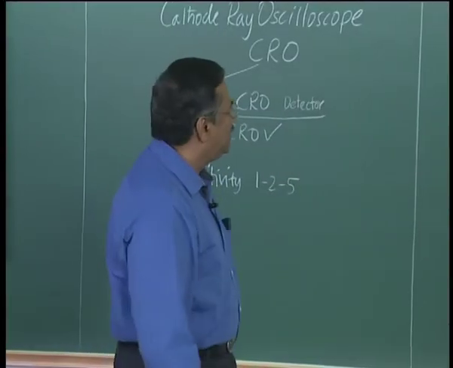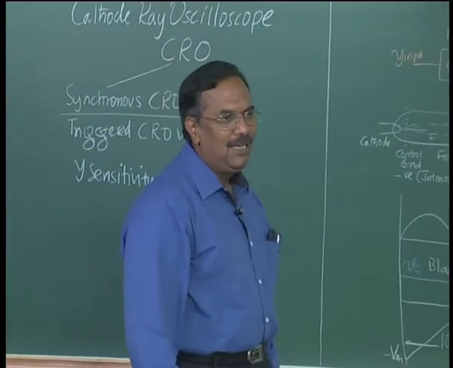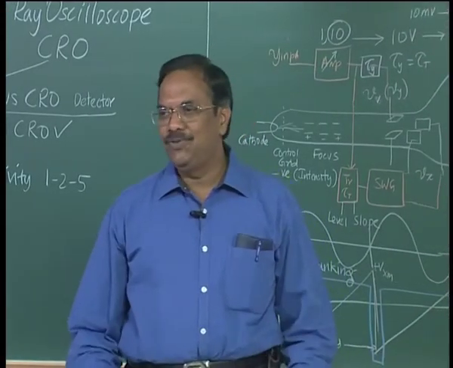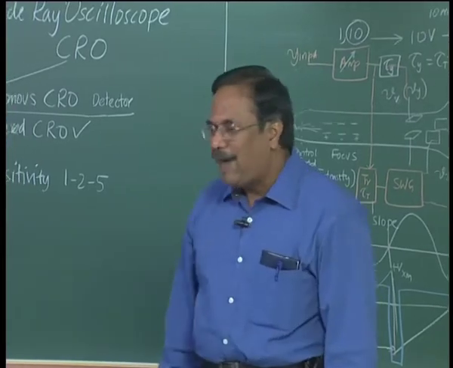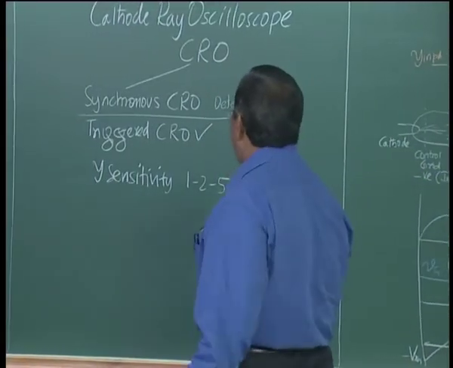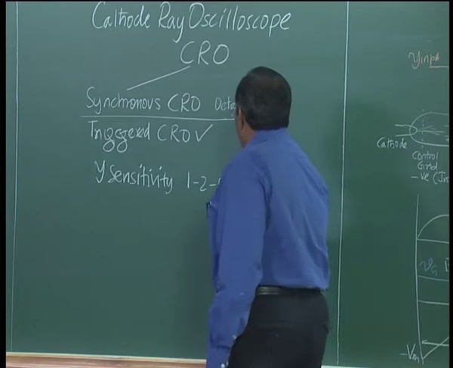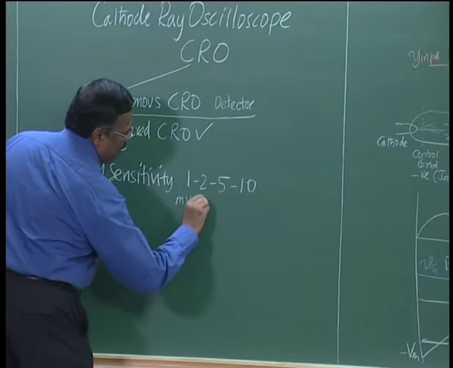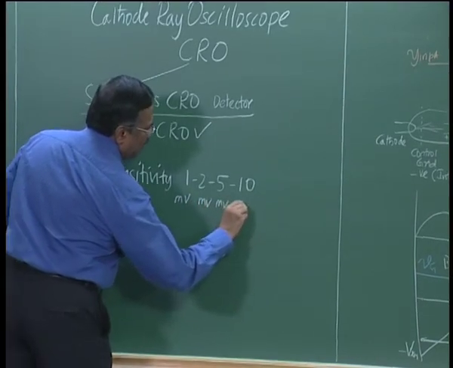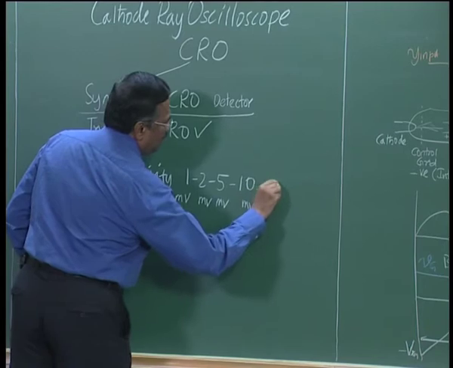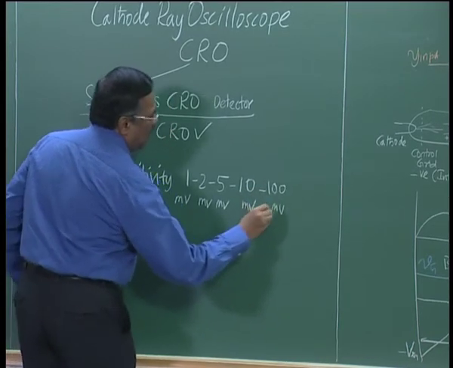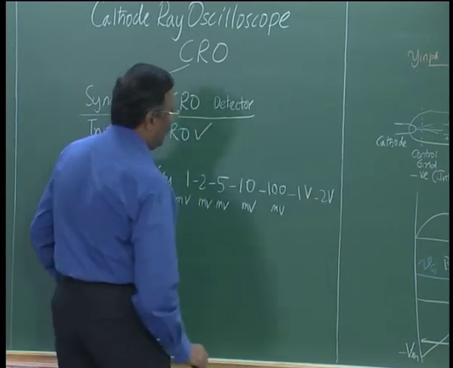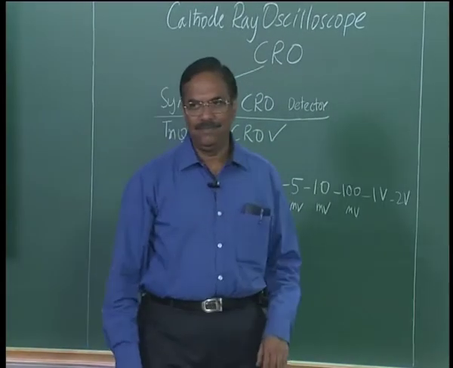The next level on an oscilloscope would be 2 millivolts per centimeter. The third selection is 5 millivolts per centimeter, then it repeats. I will have 10 millivolts, 100 millivolts and 1 volt, 2 volts, all per division.